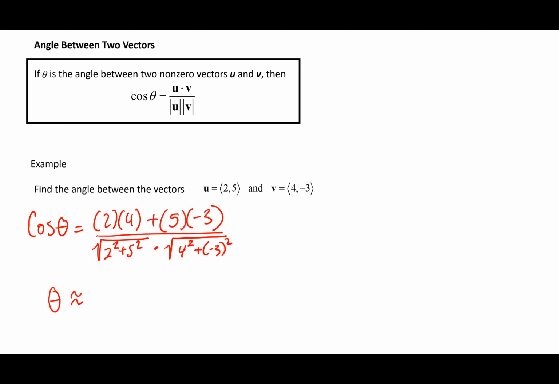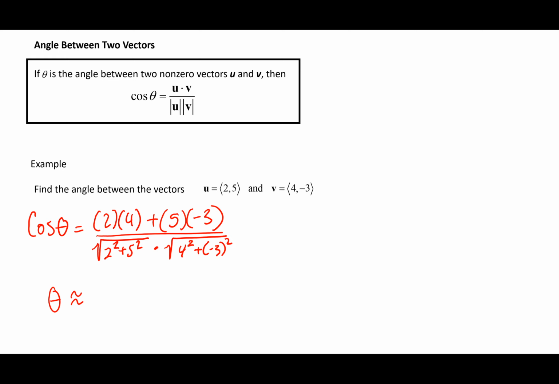So let's see, cosine inverse of 8 minus 15, so that's negative 7, divided by the square root of 4 and 25, so that's 29, times the square root of 9 plus 16. Oh, that's easy, 25, so 5.